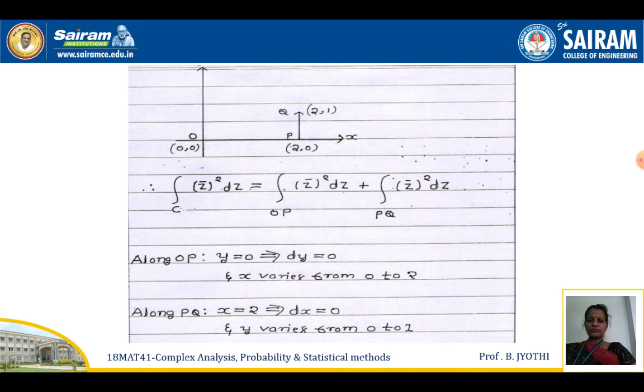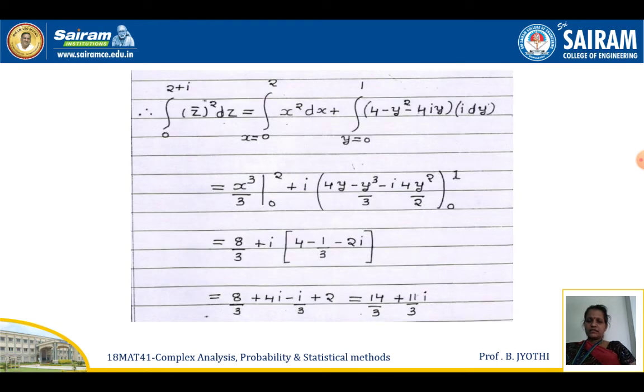So along OP, y is equal to 0, which implies dy is equal to 0, and x varies from 0 to 2. Along the PQ, x is equal to 2, which implies dx is 0 and y varies from 0 to 1.